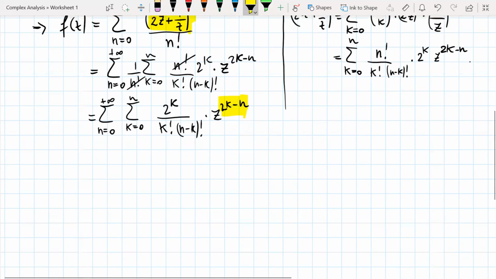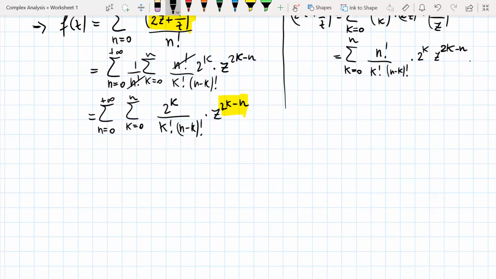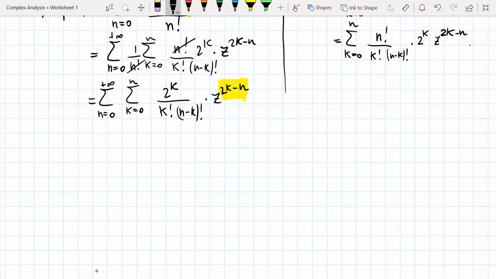In our case, we have to consider the coefficient of z to the minus 1. So we want to find a minus 1. Also, we know that this series can be written as a Laurent series.